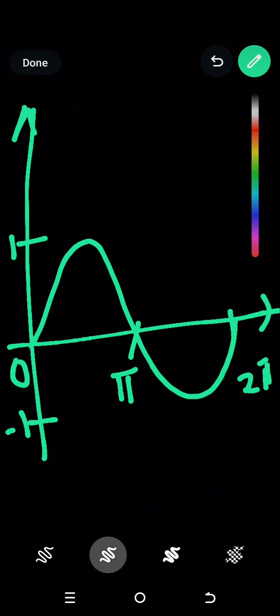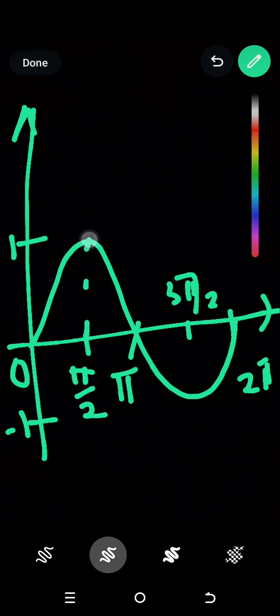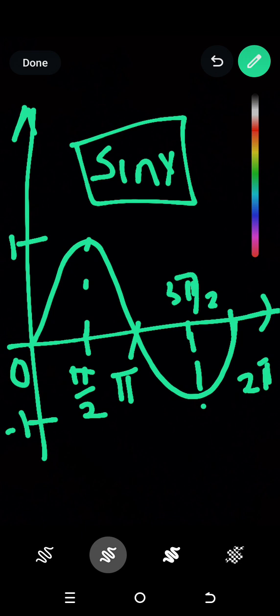Right, so this is 1, this is negative 1, this is pi, this is 0, this is 2 pi, this is 3 pi over 2, that's 270. Then this is pi over 2, 90, because sine 90 is 1. Sine 270 is negative 1. So this is the graph of sine x, in that interval 0 to 2 pi.